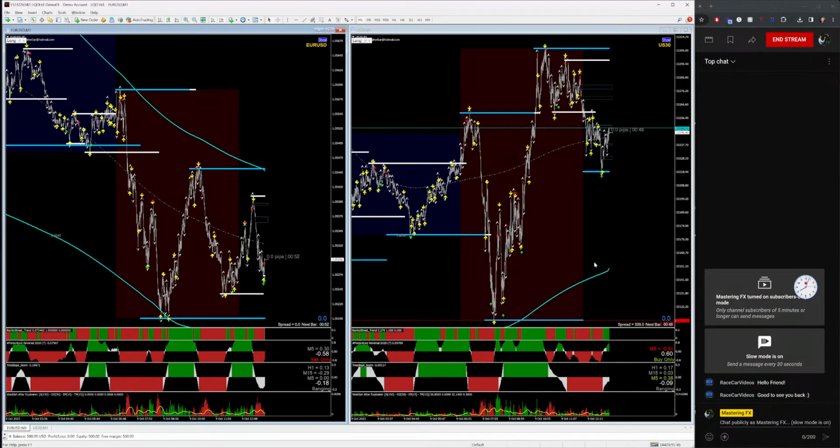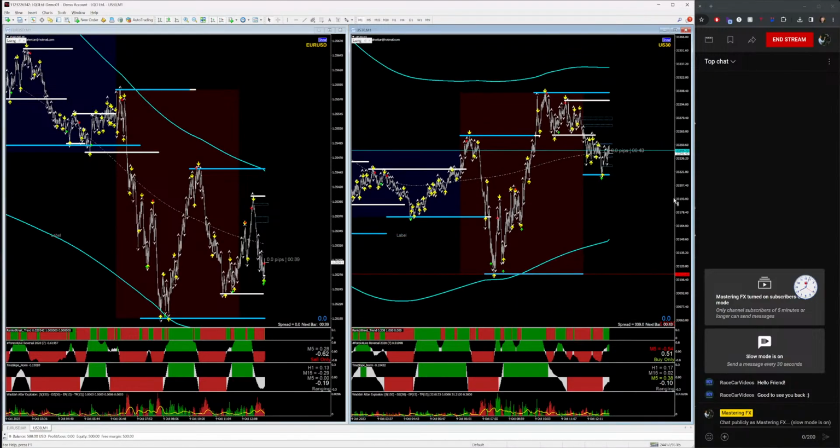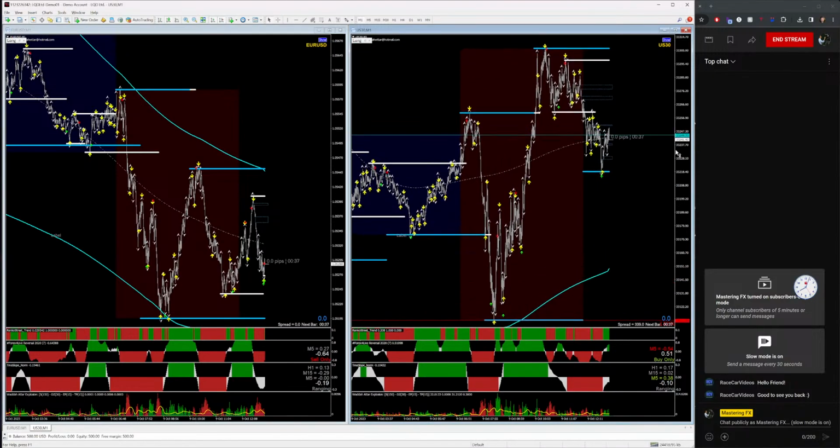And on US 30, yeah, we're kind of like in limbo with the TMA band, so we'll just wait for a liquidity raid either on the bottom here of London session, or I would say up here.